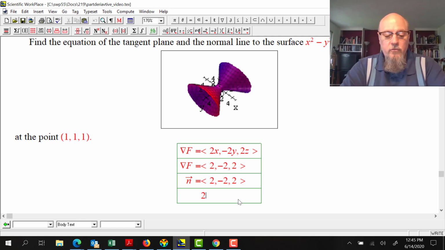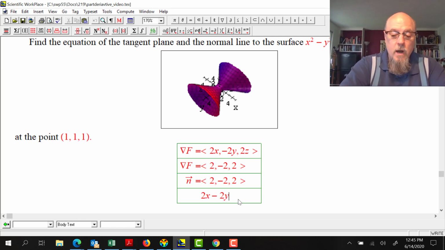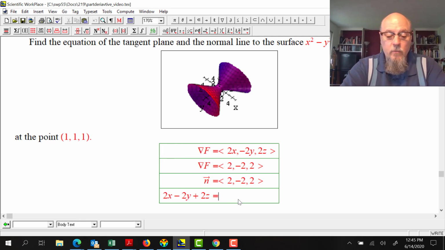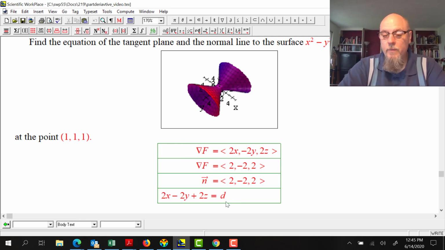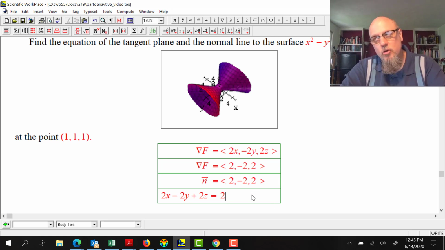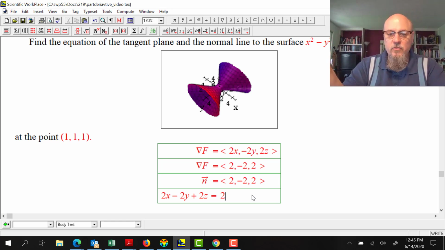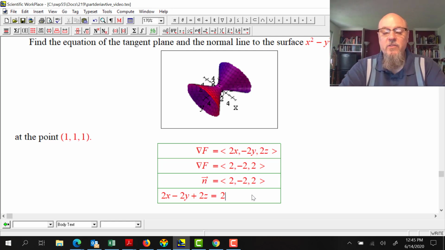So that would be 2x - 2y + 2z = d. I just need to figure out the value of d. Well, the point (1, 1, 1) is supposed to be on there. So when I make x equal to 1, y equal to 1 and z equal to 1, I'm going to get that d value. So d must be equal to 2. There's the equation of the tangent plane. You could simplify it, divide everything by 2 if you wanted to, but you don't have to.